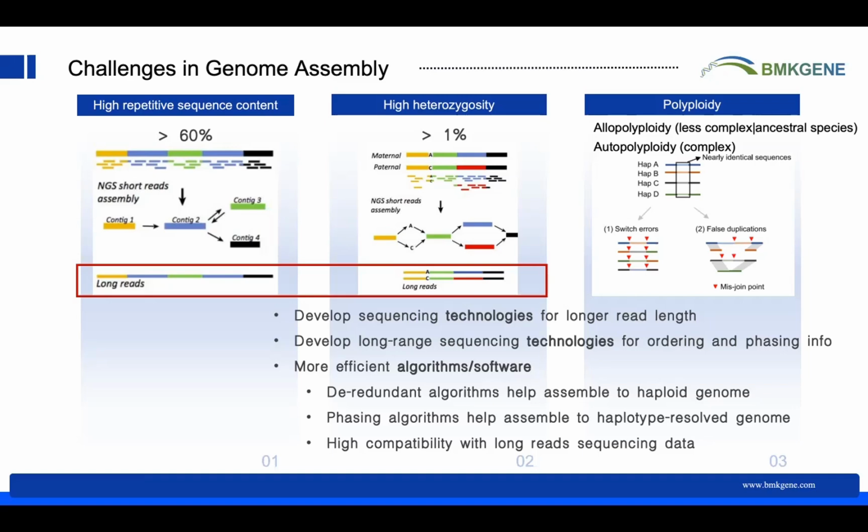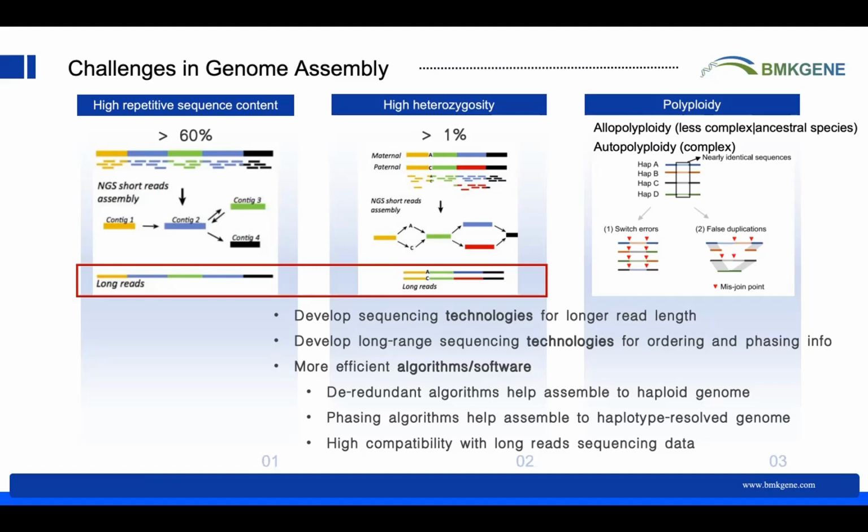So it's very complex compared to others, but we also have successful cases for this part. If you have a species that is very complex and want to assemble it, you can give us more information. Then we can give some ideas or recommendations.